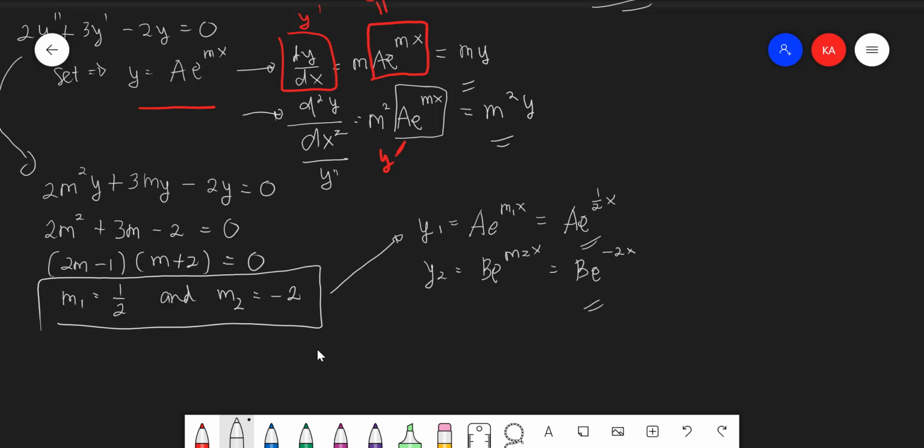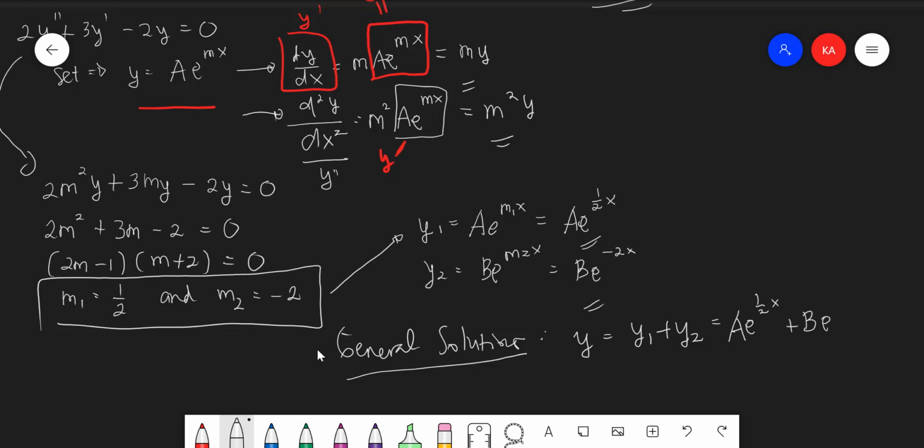So the general solution is y equal to y1 plus y2, which is a e power of half x plus b e power of minus 2x. Okay, so this is the general solution of this equation.